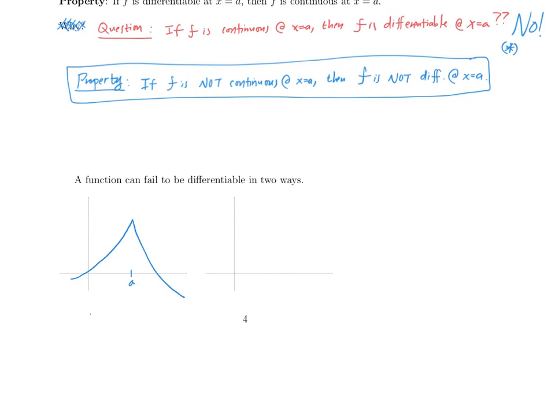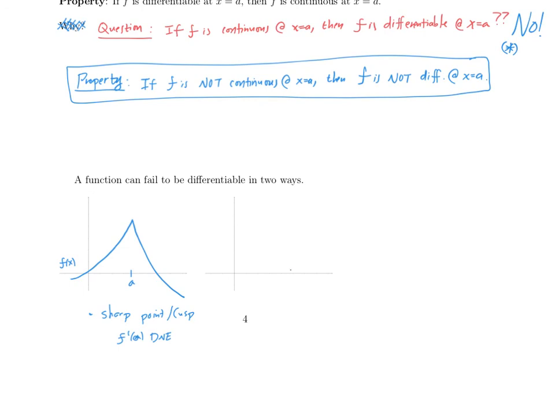So this function f is not differentiable at x equals a because there is a sharp point. A sharp point or a cusp in the graph would imply that f prime of a does not exist. The other way that a function can fail to be differentiable is if it's not continuous.